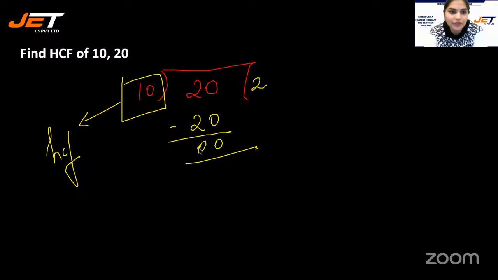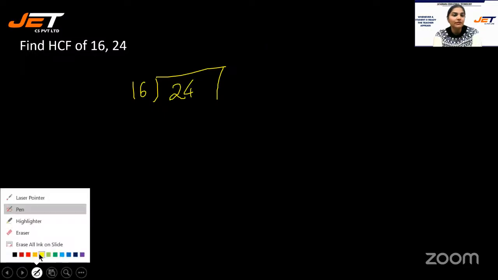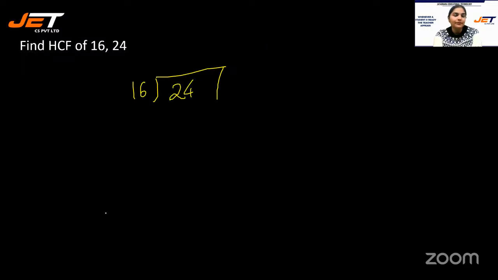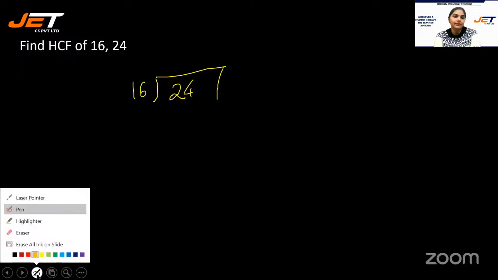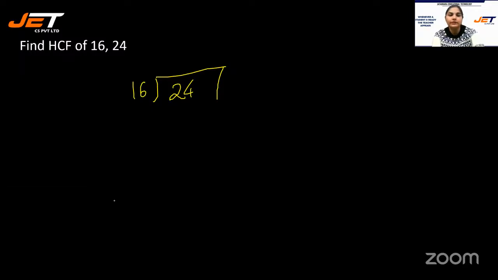All right. Let's do the next one. 16 and 24. 16 is a smaller number, smaller than 24. So 16 will be the divisor, 24 will be the dividend. So 16 times 1 is 16.